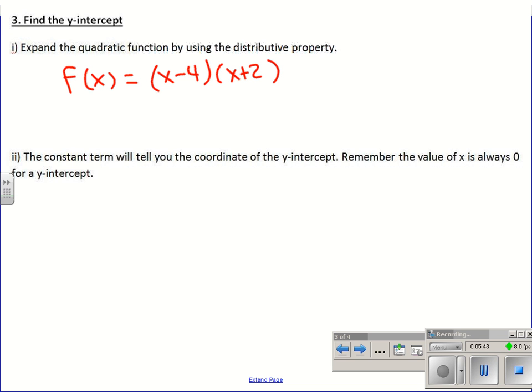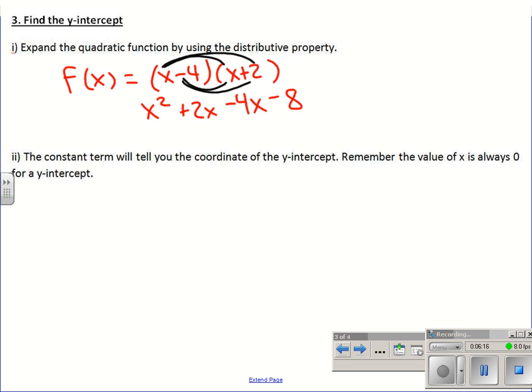So we need to double distribute, as we say, or use the distributive property twice. So we need to do x times x, which is x squared, x times 2, which is 2x, negative 4 times x, which is negative 4x, and negative 4 times 2, which is negative 8.